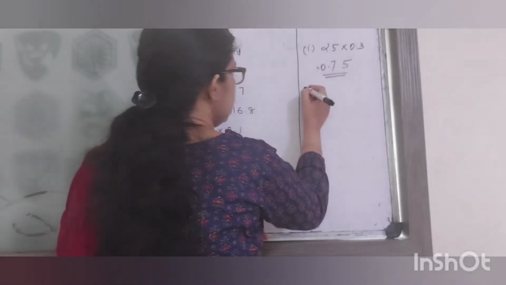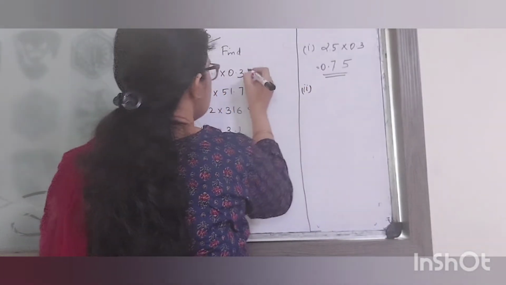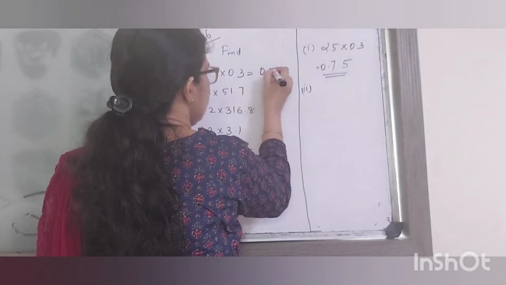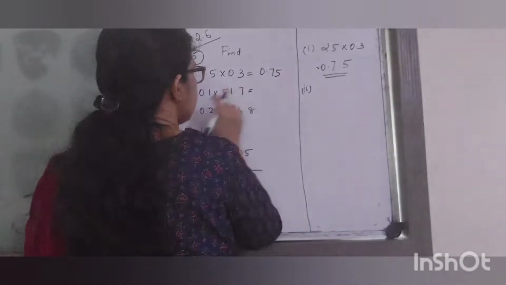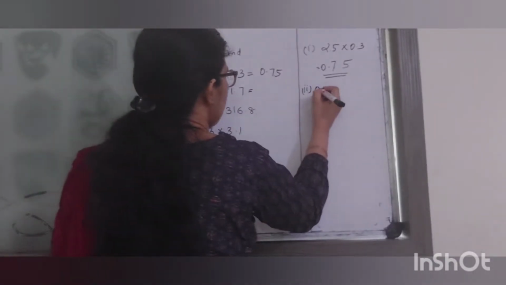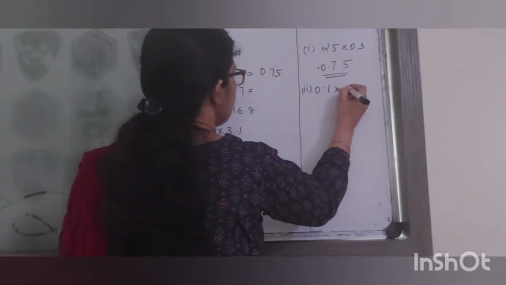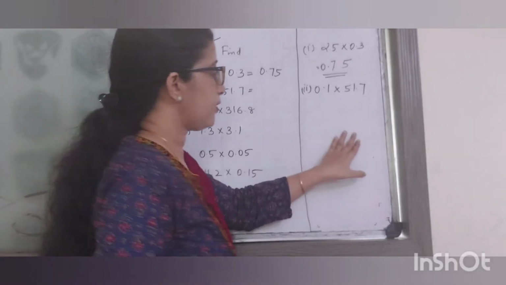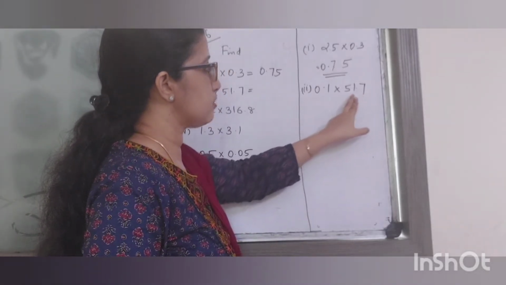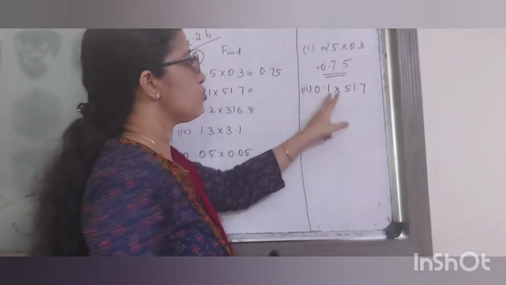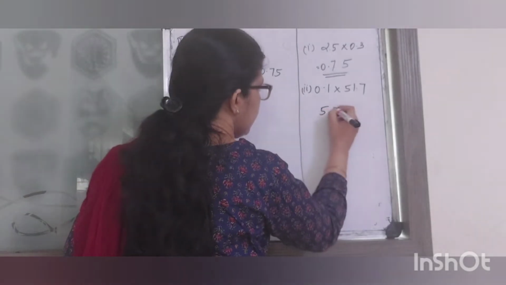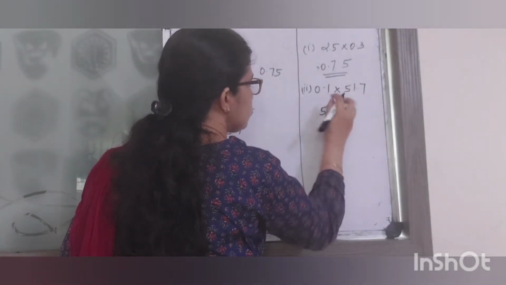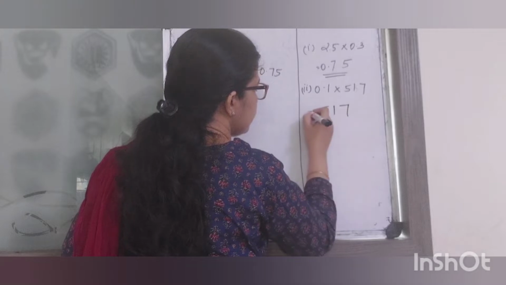Okay, now let's take the second question. The answer for the first one is 0.75. Now the second question: 0.1 into 51.7. So if we ignore the decimal points here, it's like 517 into 1, which is equal to 517.